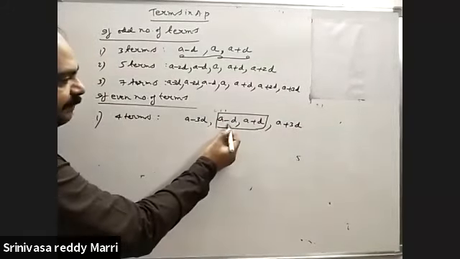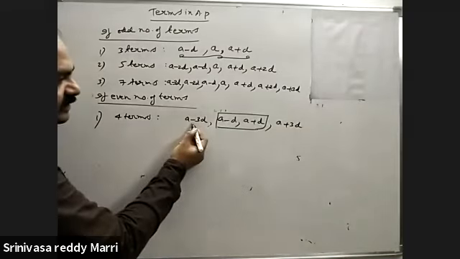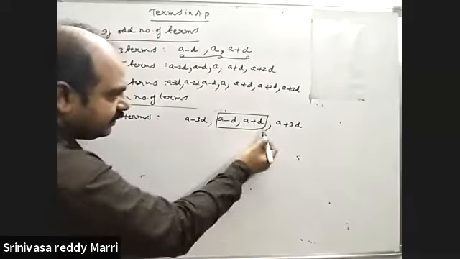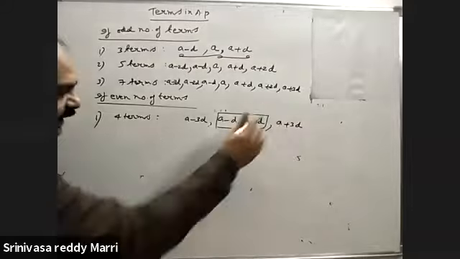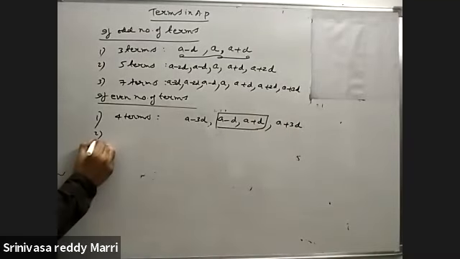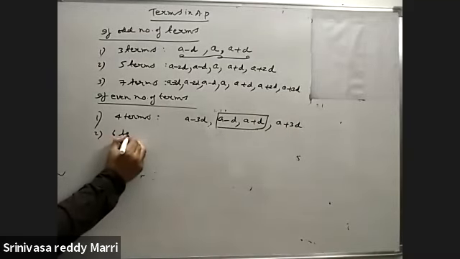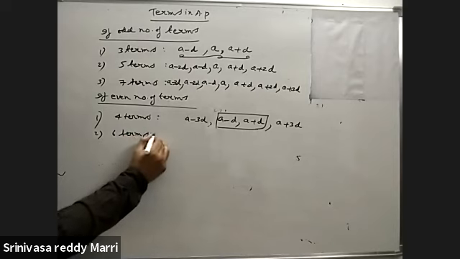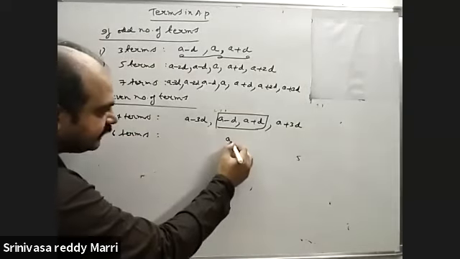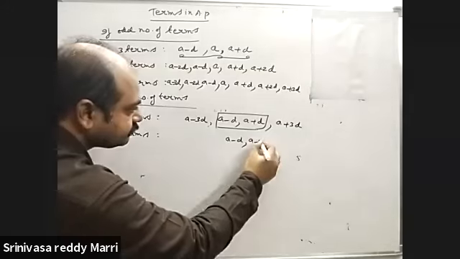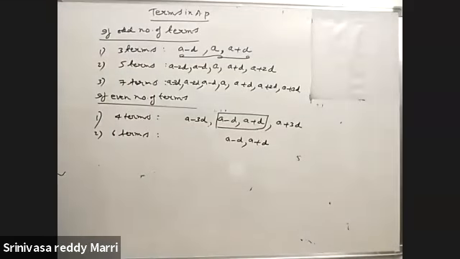Look, they are in AP only. The common difference is 2D, 2D, 2D. Like that, 4 terms. Suppose let us say 6 terms. No need to memorize by heart. Look, fix the middle terms. 2 middle terms will be there.